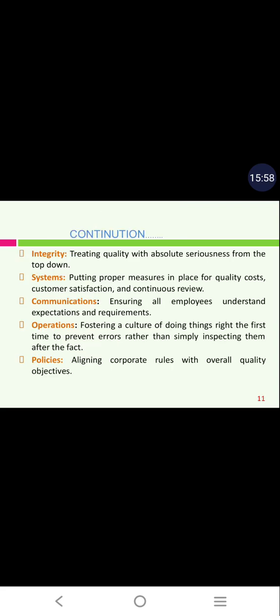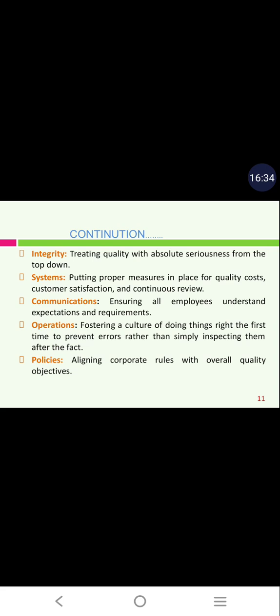So the first one is integrity. What do you mean by integrity? Treating quality with absolute seriousness from the top down. So he means to say that quality has to be implemented from top level management till the bottom level. As we discussed in our previous lectures, only if the entire organization gets involved in the process can the improvement be done.